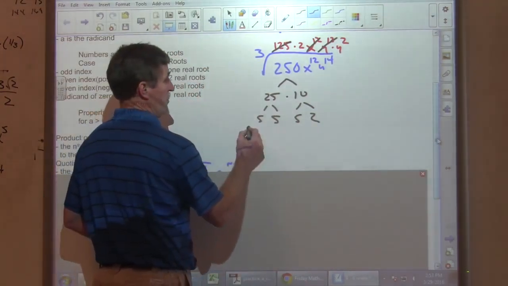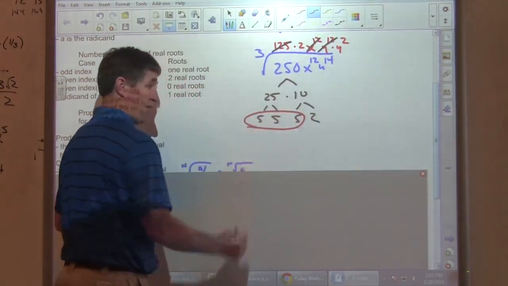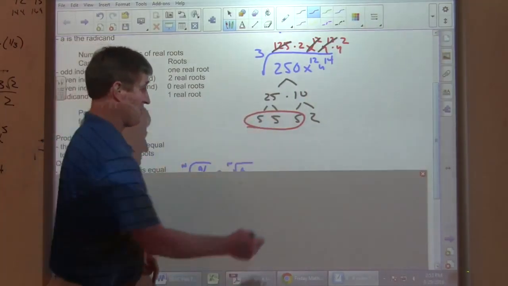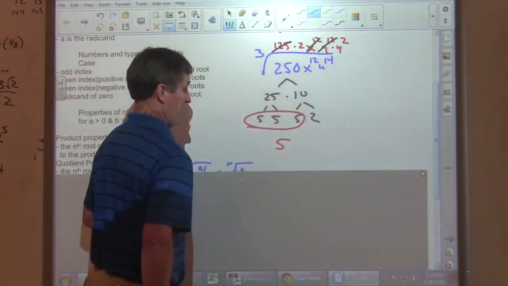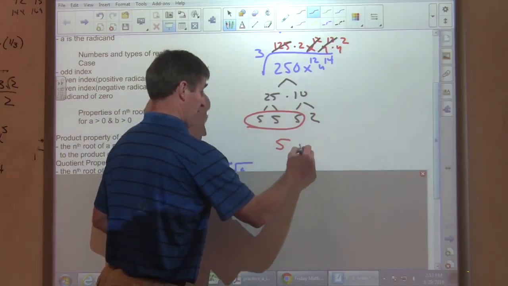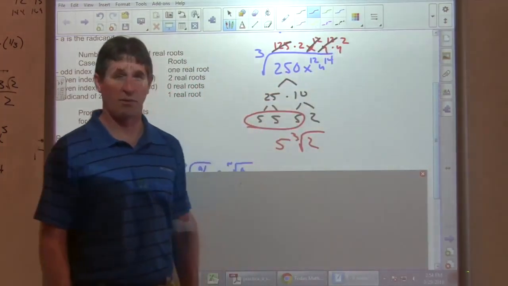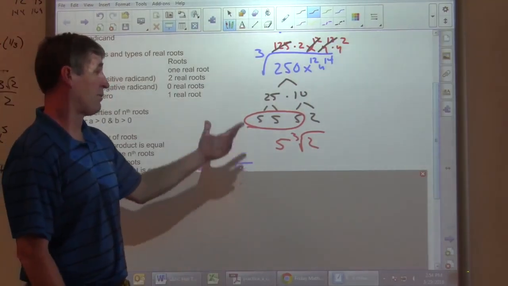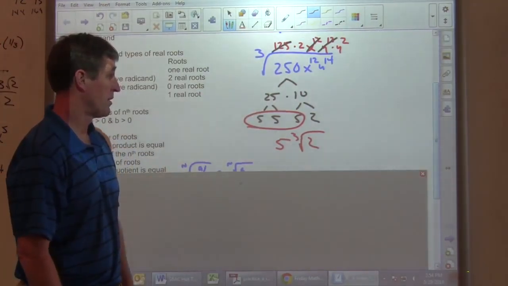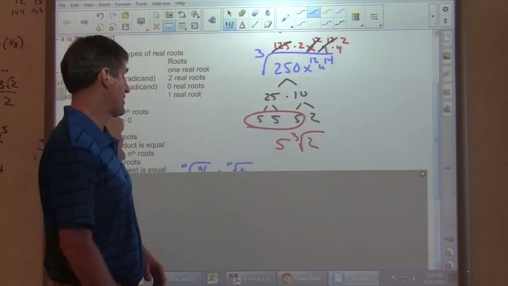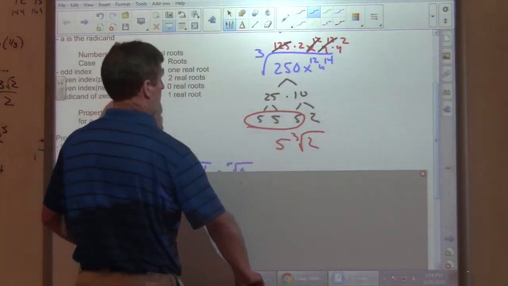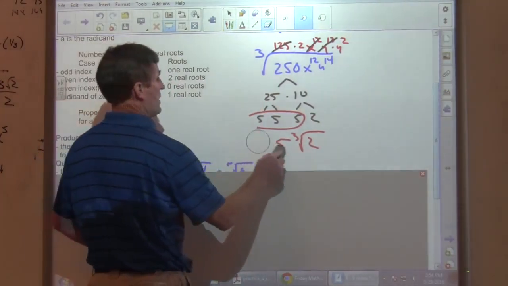And to take the cube root of it, you need 3 of them. So I've got 3 5s, so that means I can pull a 5 out front, and then whatever I have left would stay inside, and then you'd work with the variables just like we did before. So that would be another way to do it. Whichever works best for you. So that was if we have something multiplied.